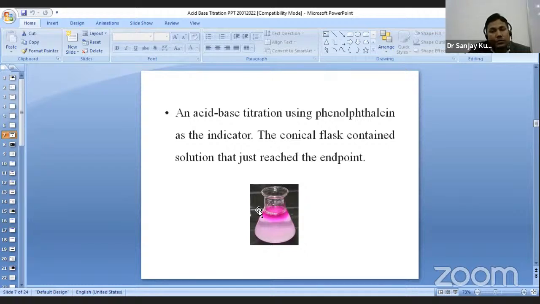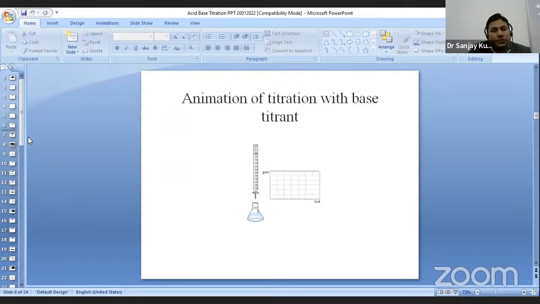We are using phenolphthalein as an indicator. At the endpoint it gives a pink color, so we can say the titration is completed and this pH gives the result. This is titration with the base titrant.